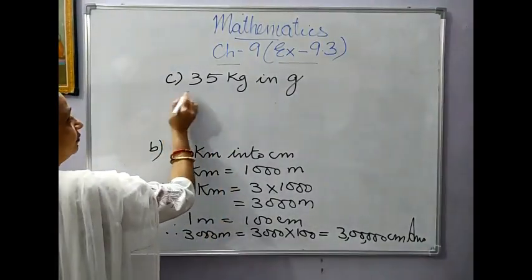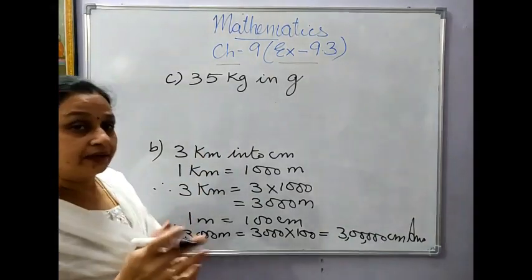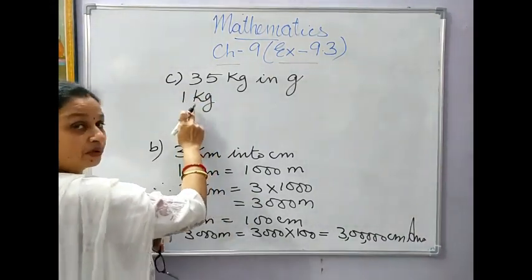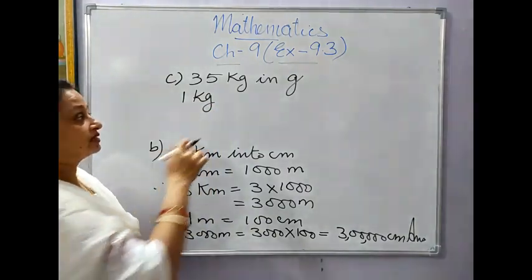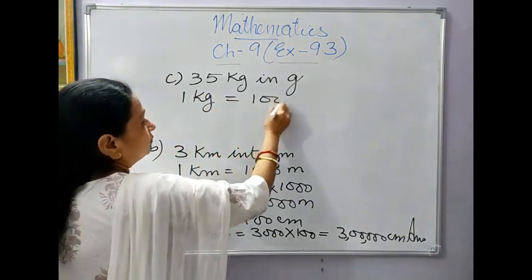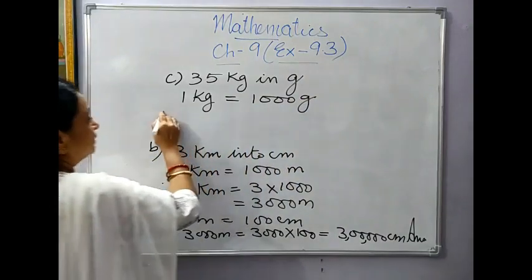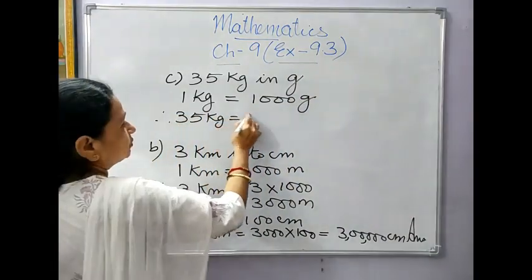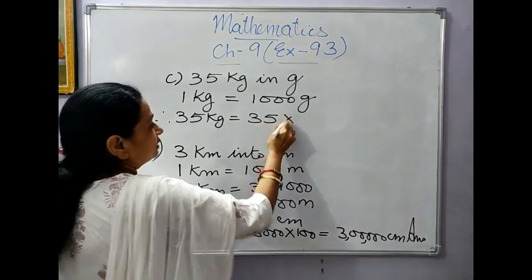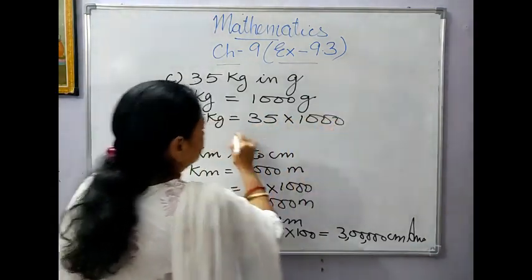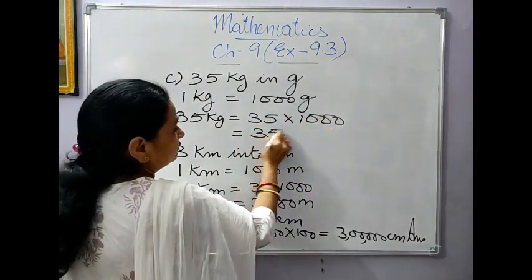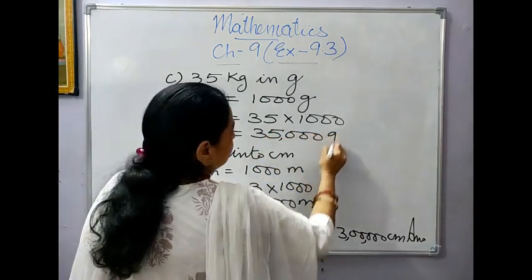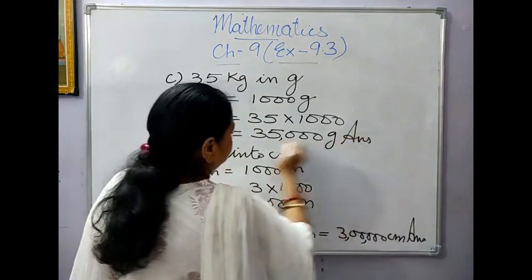So again we know that there are 1000 grams in 1 kilogram. So 1 kilogram, because we have to convert this, so we will be writing on the left side, is equals to 1000 grams. Therefore 35 kilograms is equals to 35 multiplied by 1000. So it will be 35, 1, 2, 3 zeros. It is 35000 grams is your answer.